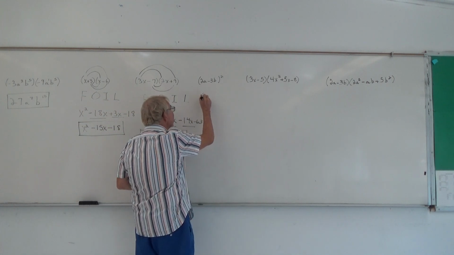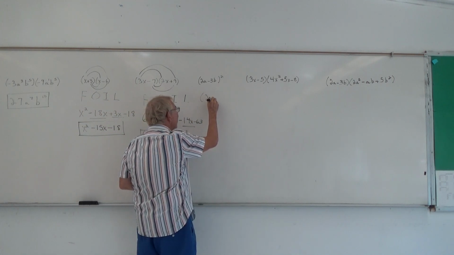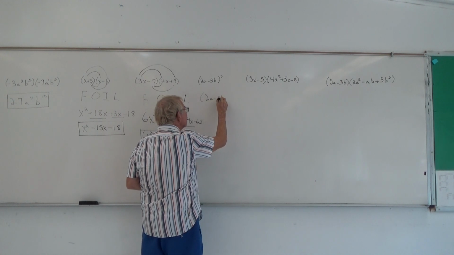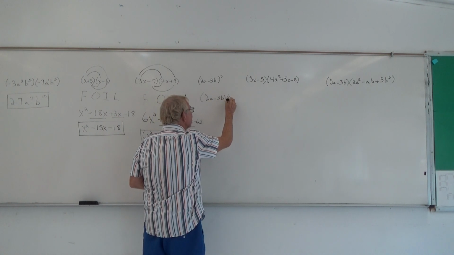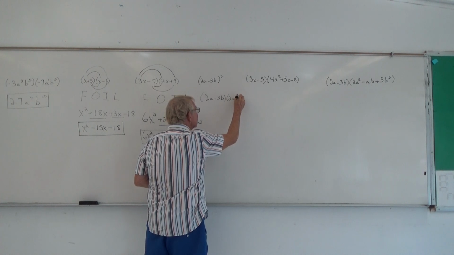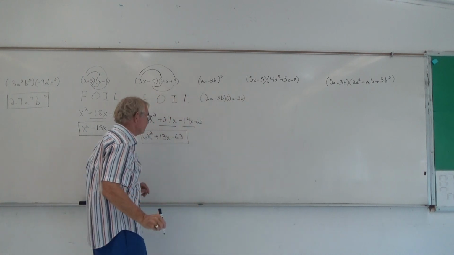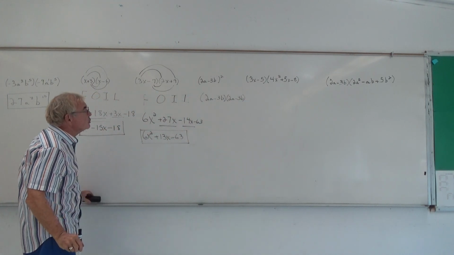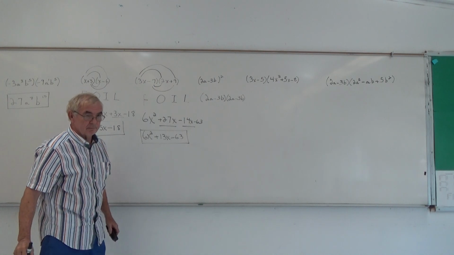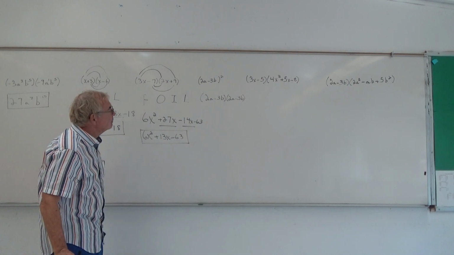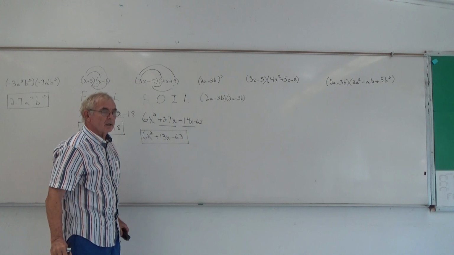You multiply it by itself. That's what it means to square something. If I could get you to write that step down, then I'm quite sure you can get the answer right.